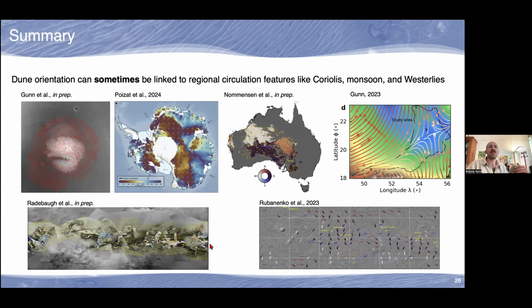Okay, so to summarize, the point of this talk is to try and understand how you can learn climate from dunes, and I've shown you that it can be kind of complicated, but we have reason, we can explain why it's complicated, but we may not know how to overcome those complications yet.